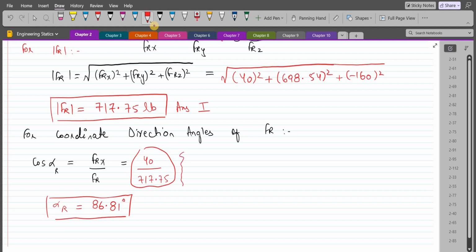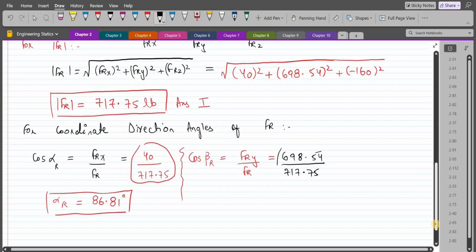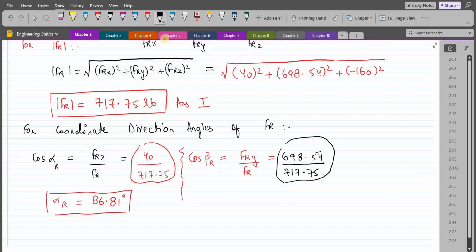Now we have to do the same for cos beta and cos gamma. Cos beta of the resultant force equals FRy over FR, so we have 698.54 divided by FR, which is 717.75. If we take the cos inverse of this value, then angle beta of the resultant force comes out to be 13.29 degrees.